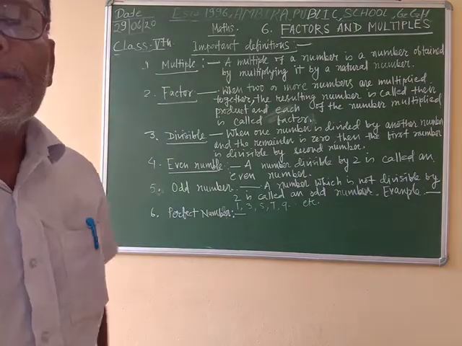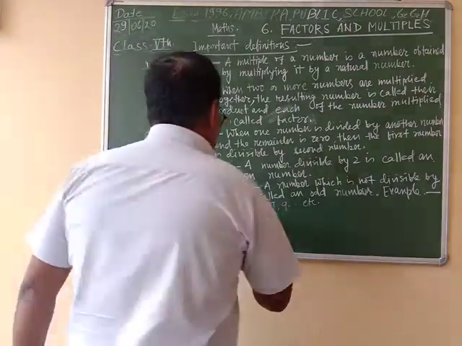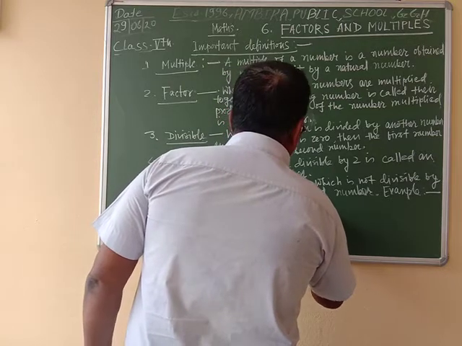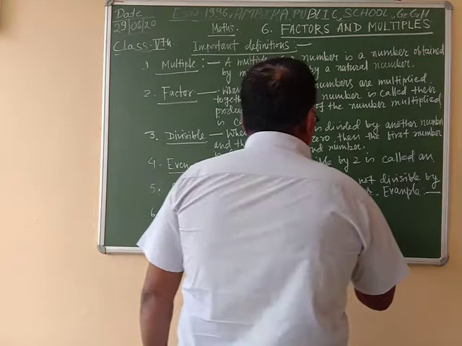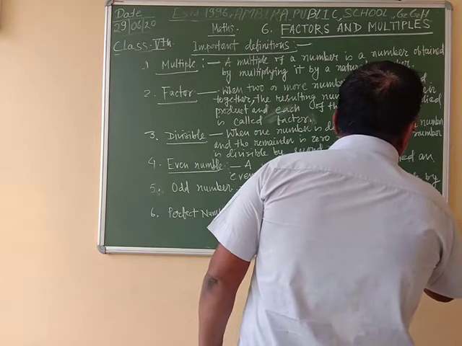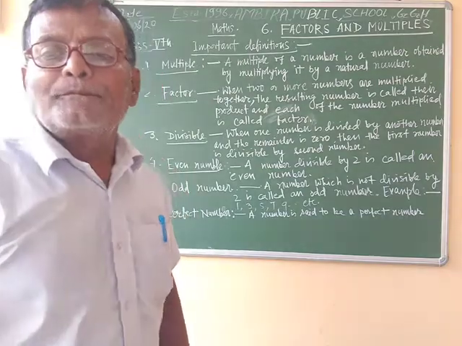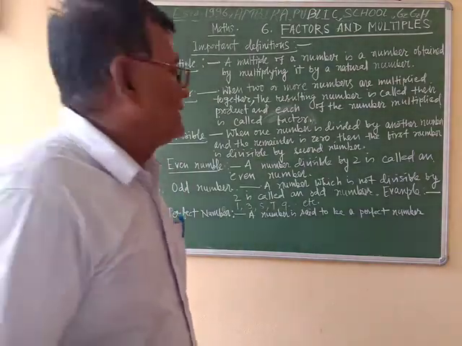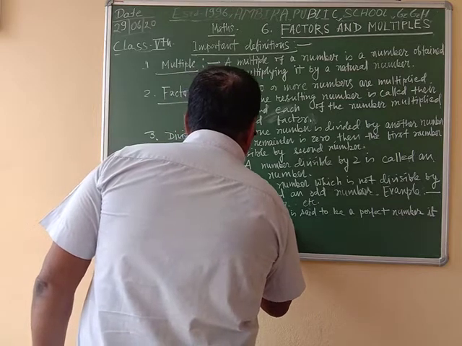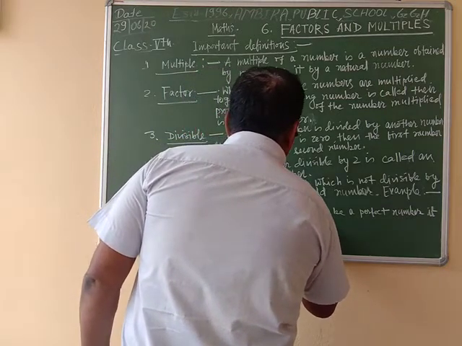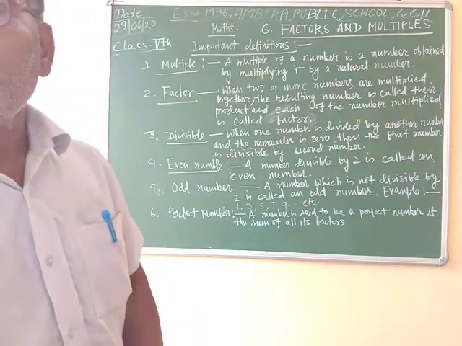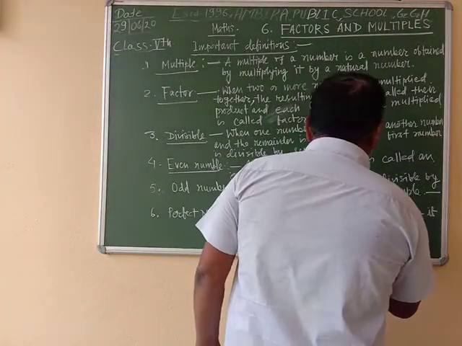A number is said to be a perfect number if the sum of all its factors is equal to twice this number.